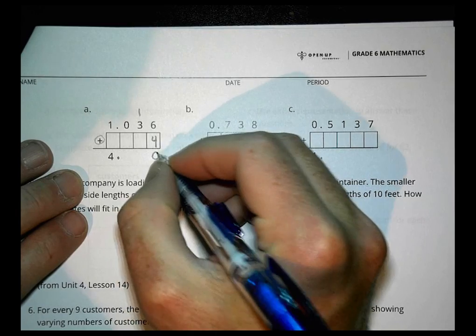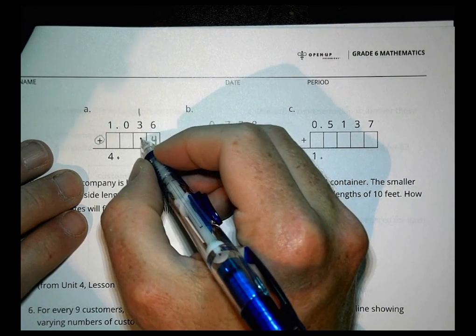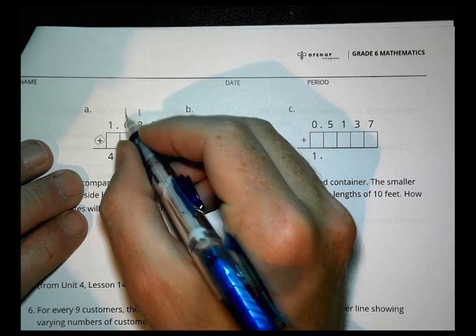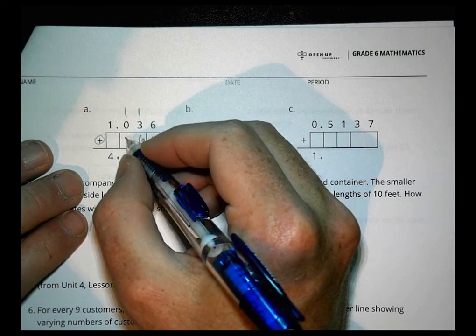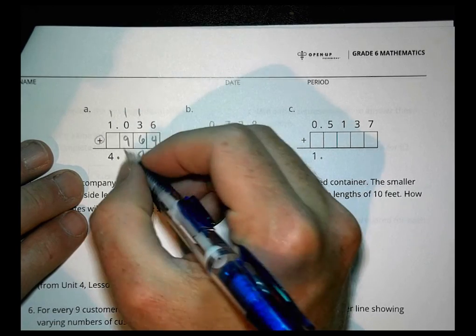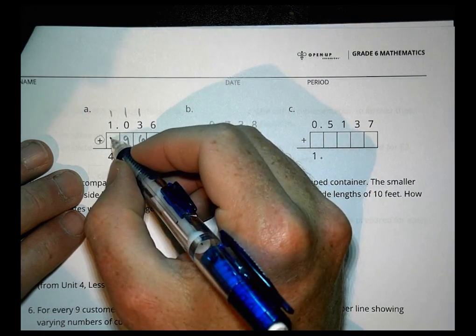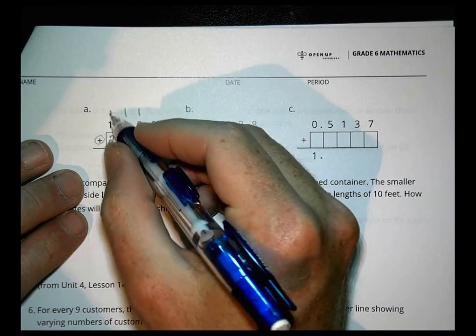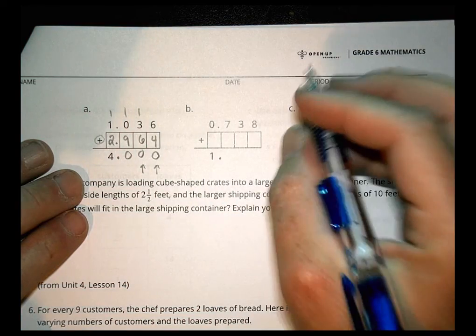And again, I'm looking for 10, so I can have a 0 right there. 1 plus 3 is 4, and 4 plus 6 is 10. There's my 0. 1 plus 0 is 0, plus 9 more is another 10. And now I'm sitting at a 1 and 1 is 2. I want to get to 4, so let's add another 2 there. So 2 plus 2 is 4, and I have 2.964.